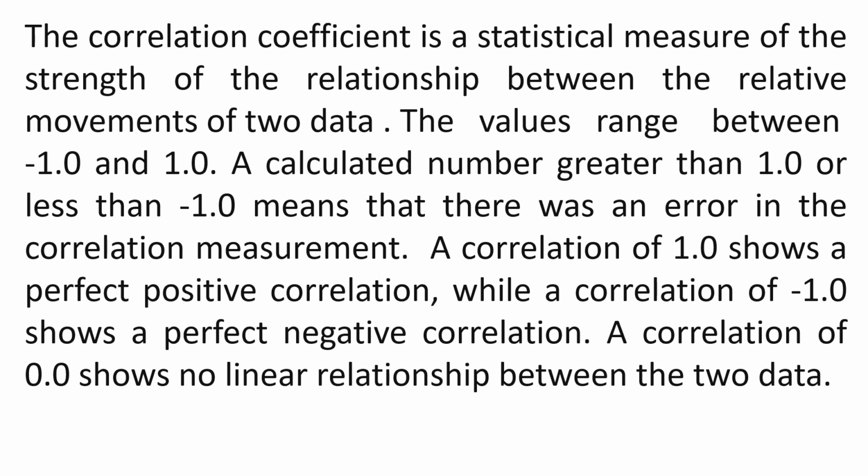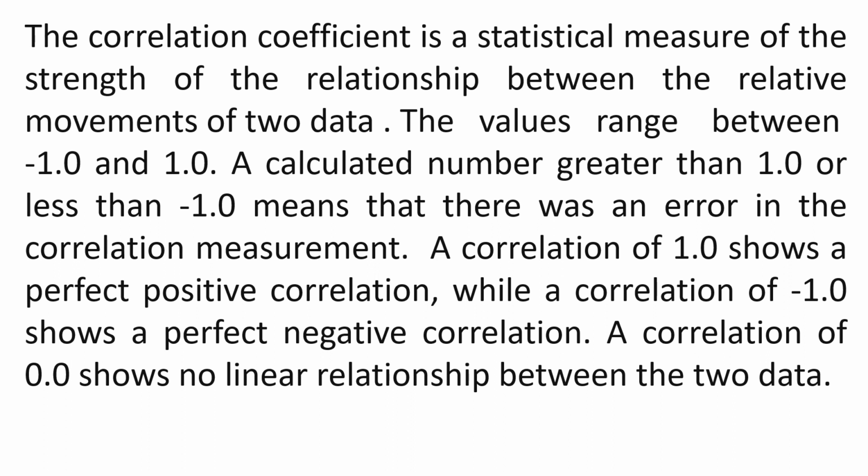And if it is 1.0, then it is perfect positive correlation, because these values always vary from minus 1.0 to 1.0, and these two are the perfect negative correlation and perfect positive correlation. The value in between can be zero also, right? If it is zero, it means there is no relationship between the two data.